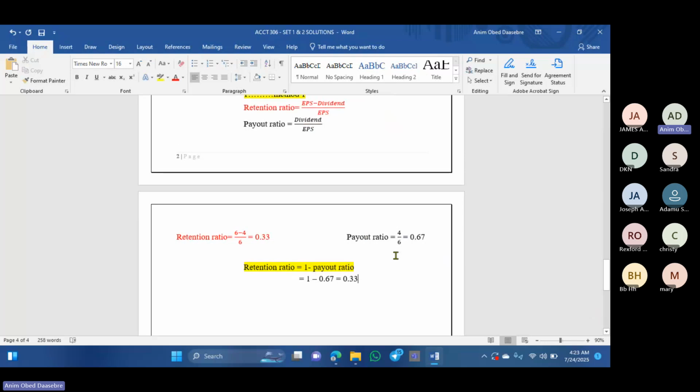But if you don't want to first find your payout ratio, you can go straight and use the second method to find your retention ratio. Then you just continue with your work.